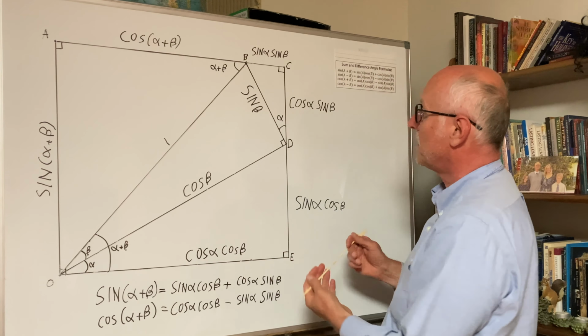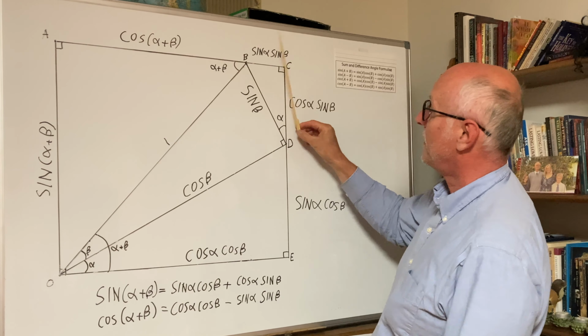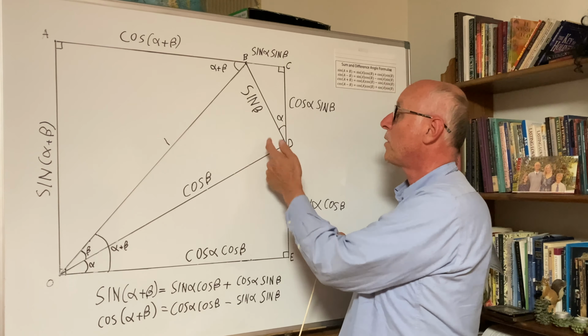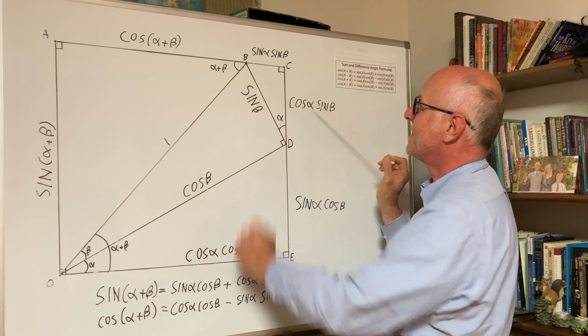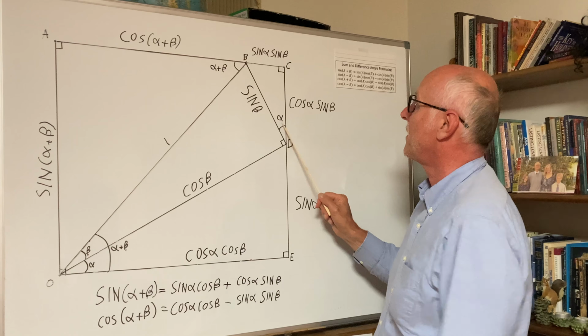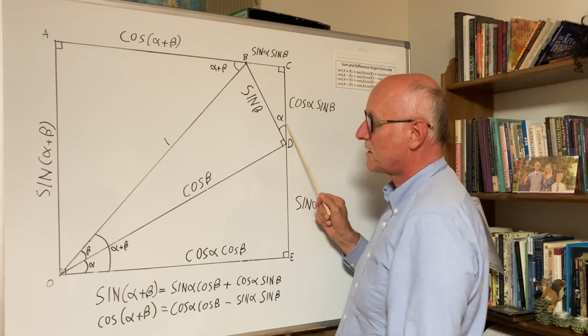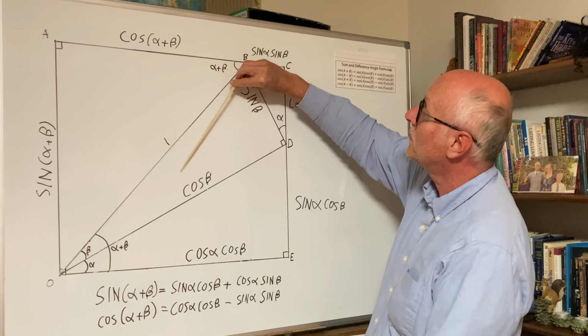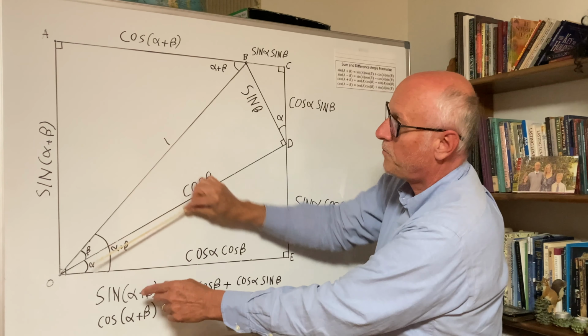So this is 90 minus alpha. Well, look, this angle has to add up to 180 degrees. So you got 90 minus alpha plus 90. This has to be plus alpha. So that's probably the biggest challenge in this whole setup, is figuring out what this angle is. This is alpha, same as this. And this angle is alpha plus beta.